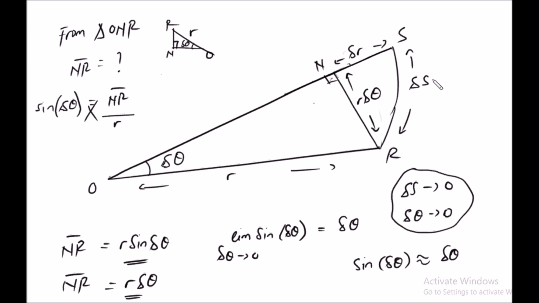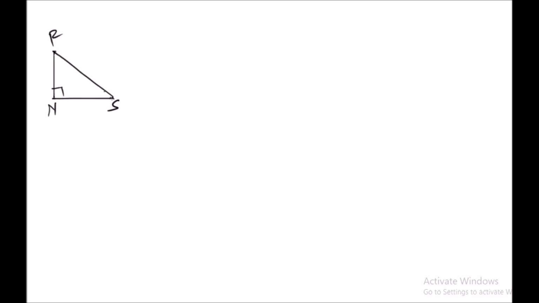Now because delta S approach 0, it means hii RS ikiwa ndogo, it's almost going to be a straight line. So it means we are going to have a right angle triangle NRS like this. NR ndo tumesema ni r delta theta, alafu NS tumesema ni delta r. So RS tumesema ni delta S. So kwa sababu ni ndogo ndo hivyo inakuwa kama right angled triangle.